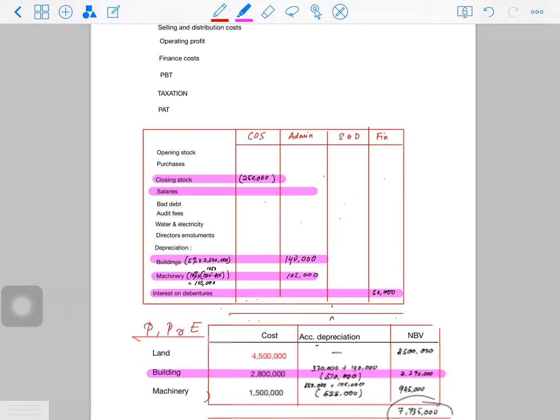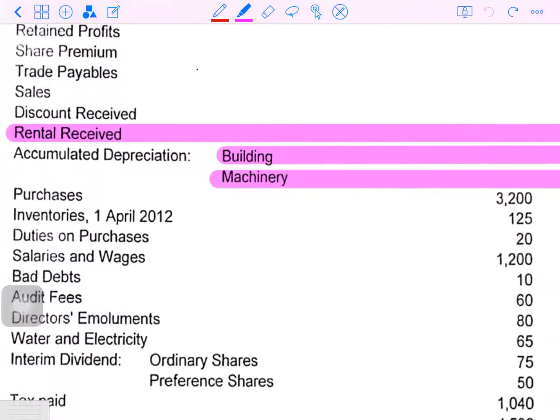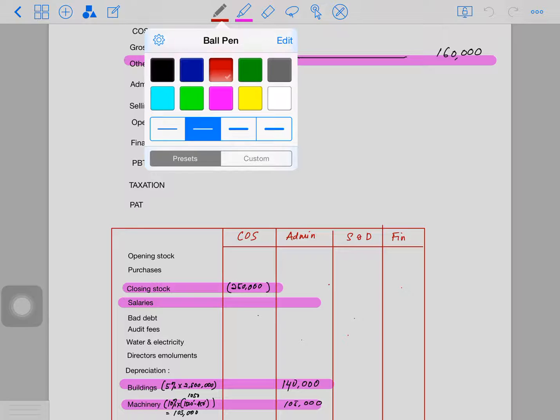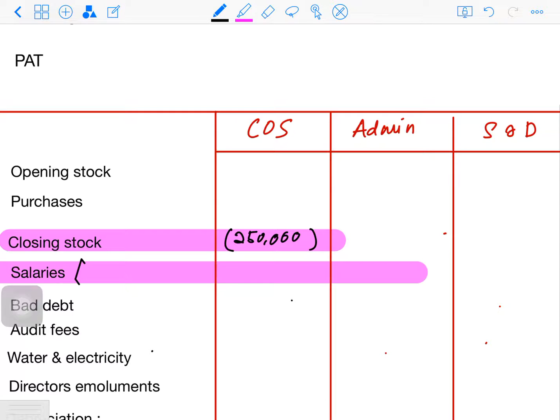Originally, in your trial balance, you have salary and wages 1,200,000. So there should be 1,200,000 minus 15,000.